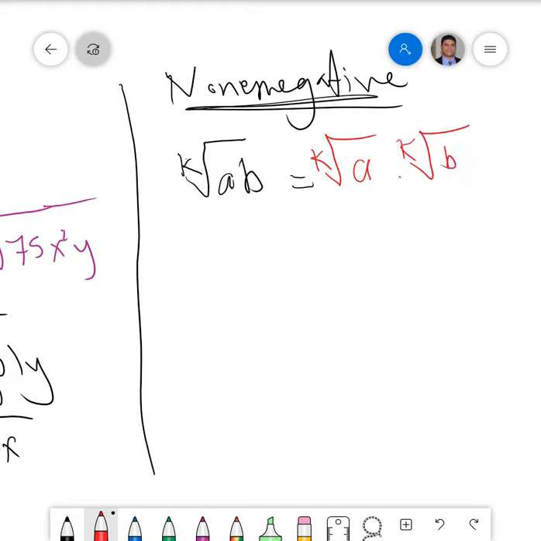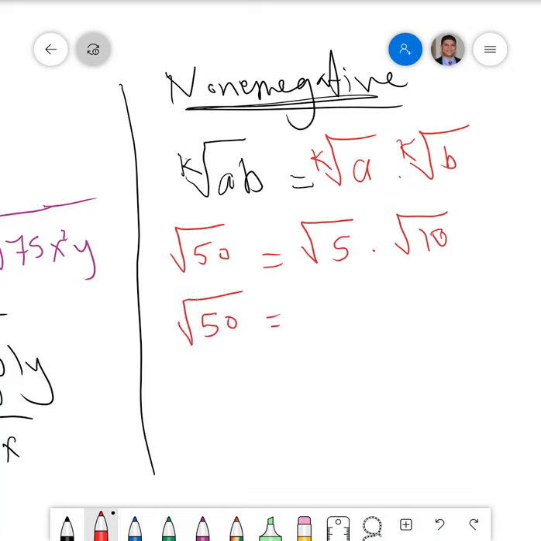Now let us compare the following. Square root of 50 is the same as square root of 5 times square root of 10. And square root of 50 also is the same as square root of 25 times square root of 2, because 25 times 2 is 50.